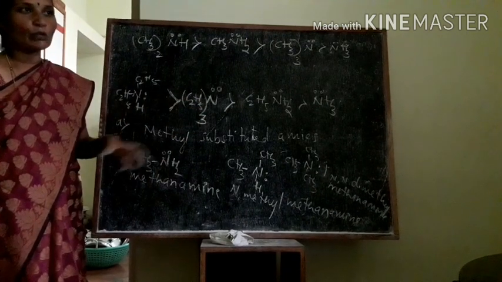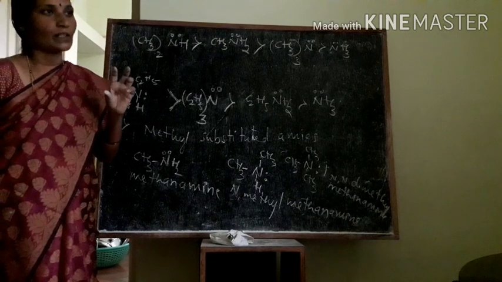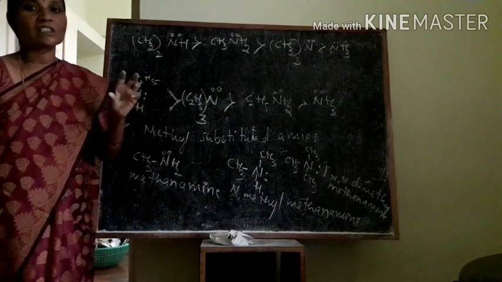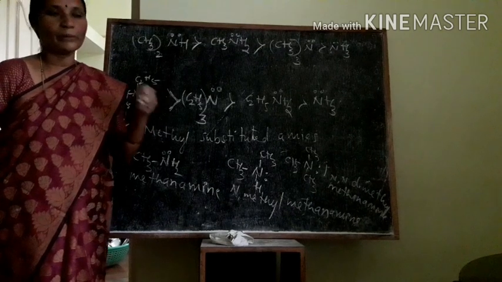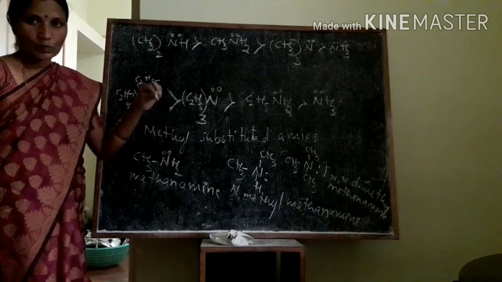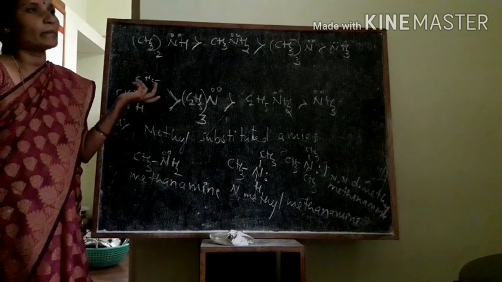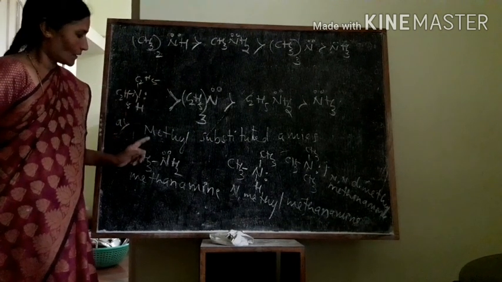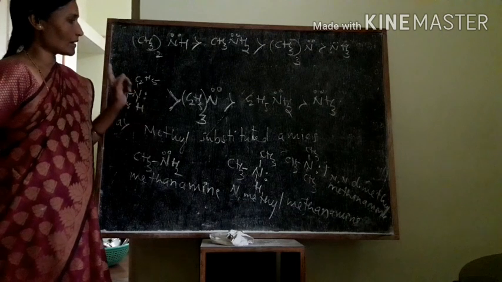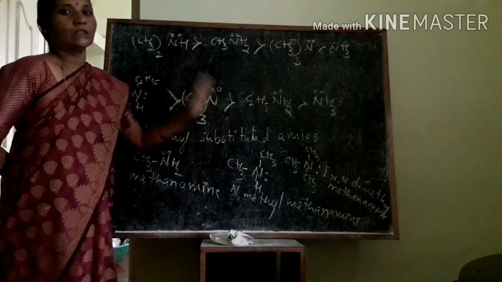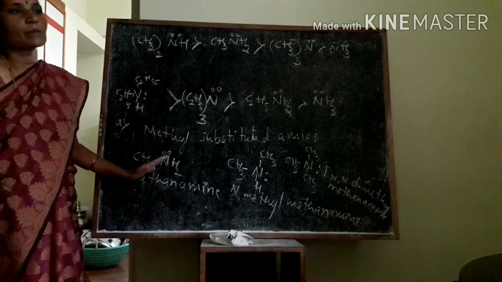You have to conclude all these effects and decide which makes formation of the cation easier. That cation is more stabilized, and which is more stabilized is said to be more basic in character. Yes, the best examples we have represented are ethyl substituted amines as well as methyl substituted amines.